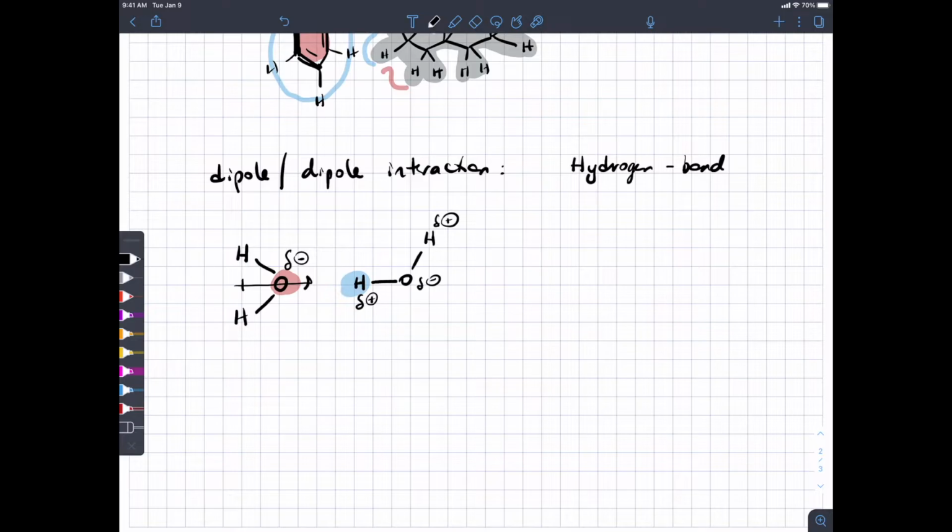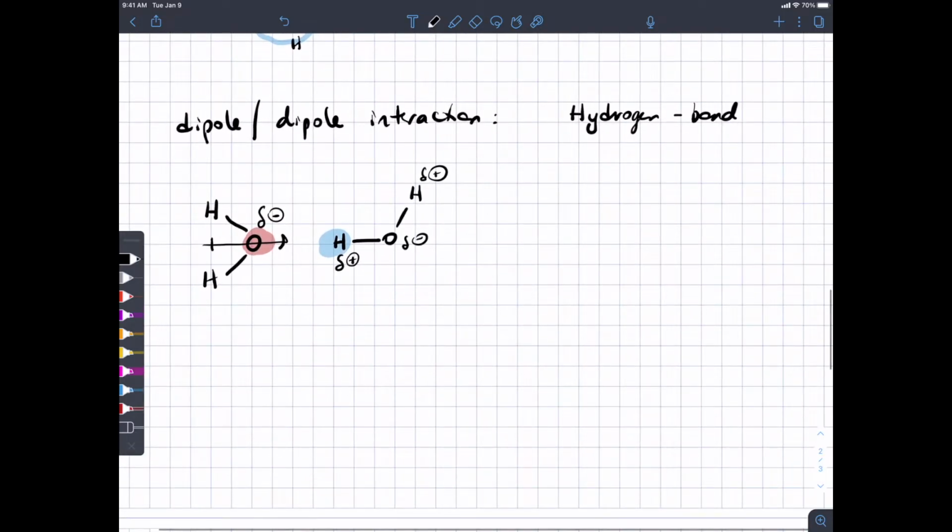Hydrogen bond types of dipole-dipole interactions tend to be more important than other kinds of dipole-dipole interactions. Acetone is this molecule I've drawn here. It likewise has a dipole oriented in this direction, and so the dipoles could align so that the partial positive charge on this end is close to the partial negative charge on that end. But these two acetone molecules can't get as close to each other as the dipoles can get here, because carbon is bigger than hydrogen.